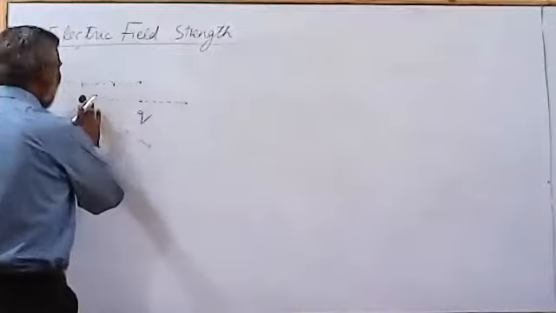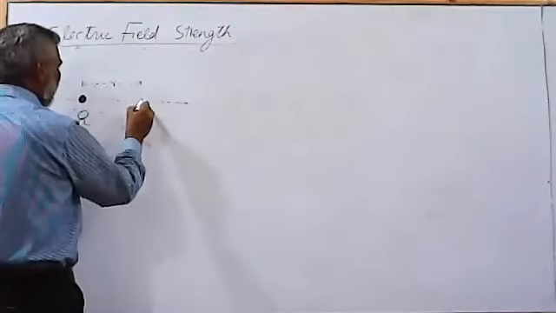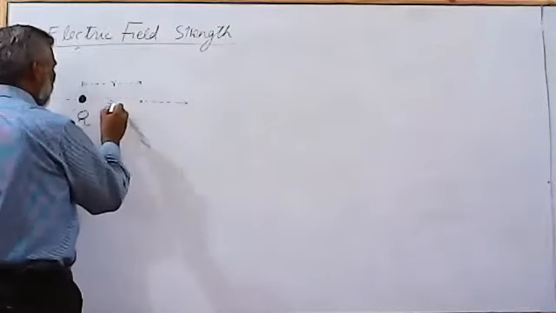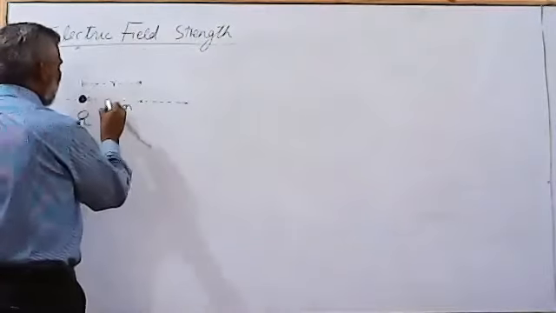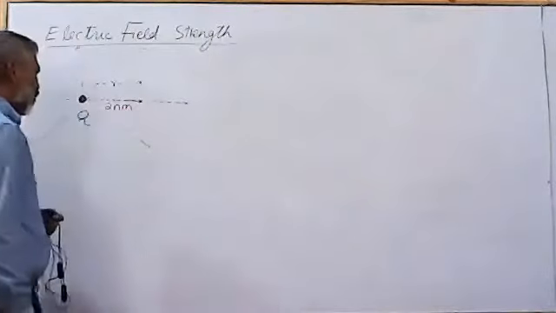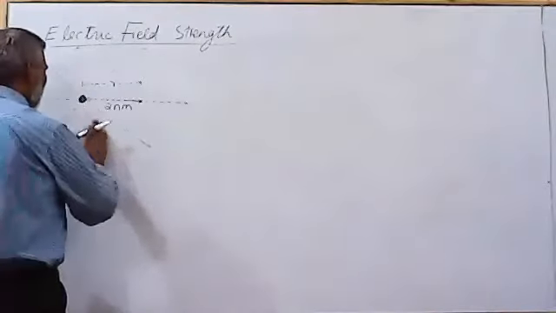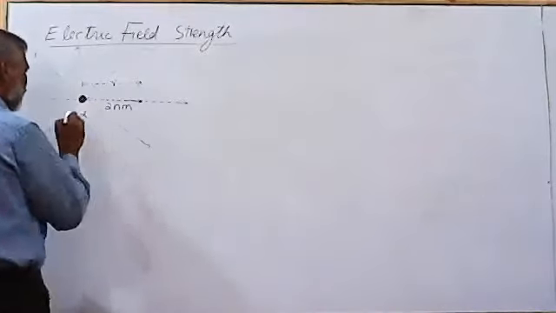This is an alpha particle, and I want to know what is the strength of the field when the distance is, suppose, 2 nanometer. So this is the distance, 2 nanometer, and I want to know the field strength of this charged particle if it happens to be an alpha particle.